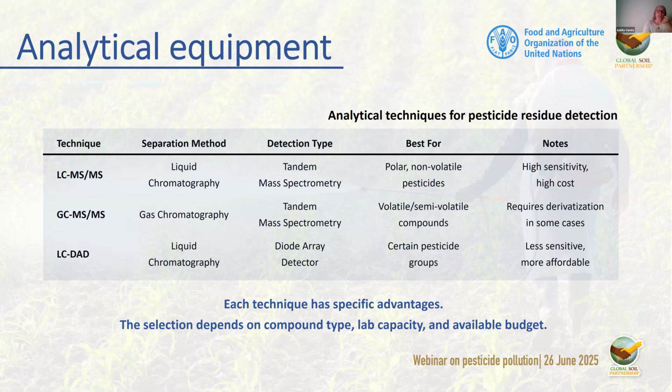And liquid chromatography with diode array detection is cost effective with lower sensitivity, but still used when mass spectrometry is not available. Each technique fits different needs depending on compound type, equipment availability, and lab capacity.